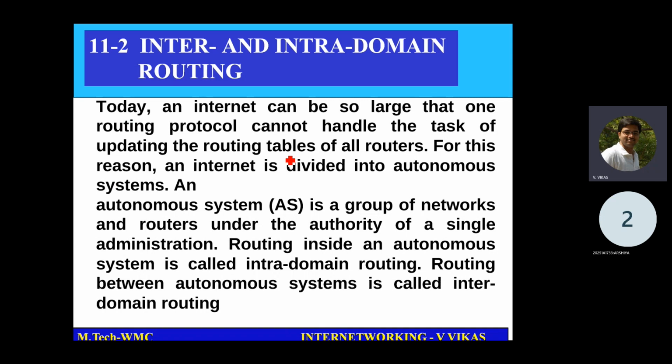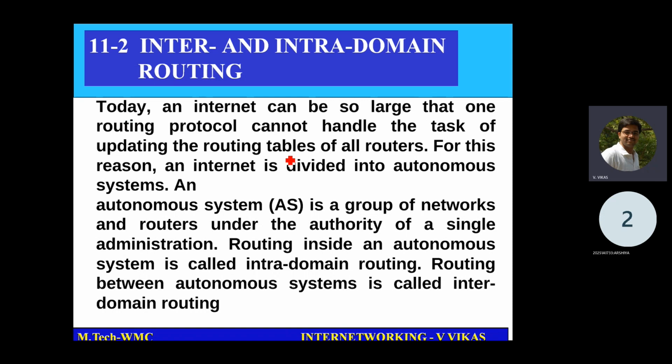Similarly here, when we consider inter-domain routing protocols, we are talking about routing protocols which exist between two different domains. Domain in the sense of an area or an autonomous system. So when we consider two different autonomous systems, and we have a routing protocol working between these two, that is considered an inter-domain routing protocol.